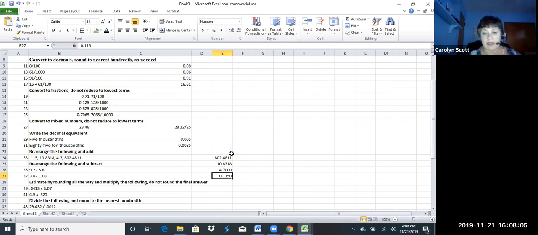So we're going to add the 10,000ths, the thousandths, the hundredths, the tenths, the ones, the tens, and the 100ths. But we are going to let Excel do our math, just like you're going to let your calculator do your math.